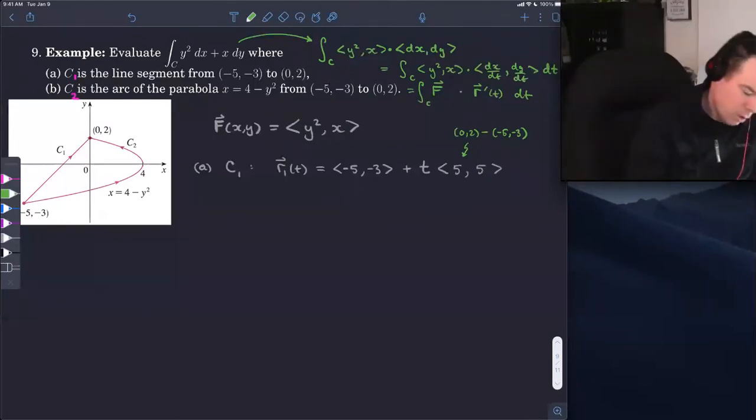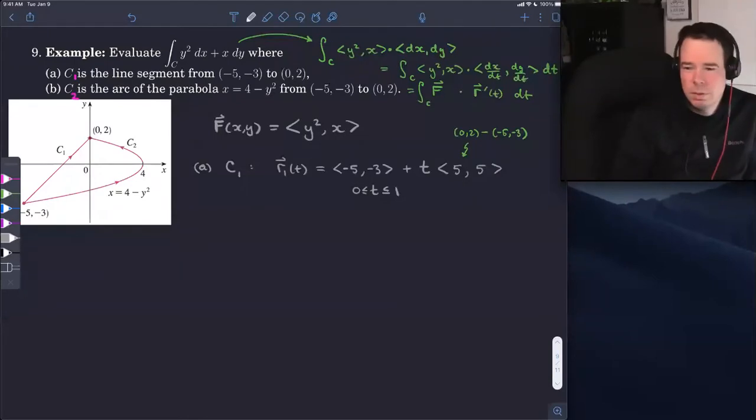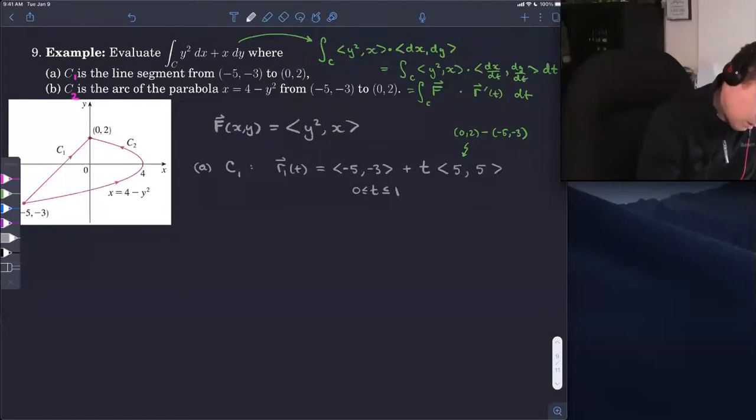And so there's my curve that I'm going to integrate over, and it takes values from 0 to 1. 0 corresponds to the point I'm starting at, -5, -3, and when I put 1 in, I get the point that I want to end at, which is 0, 2. And so then I can go ahead and get some more of the information I need in order to do my calculation. I need to know what r prime is. That's just 5, 5.